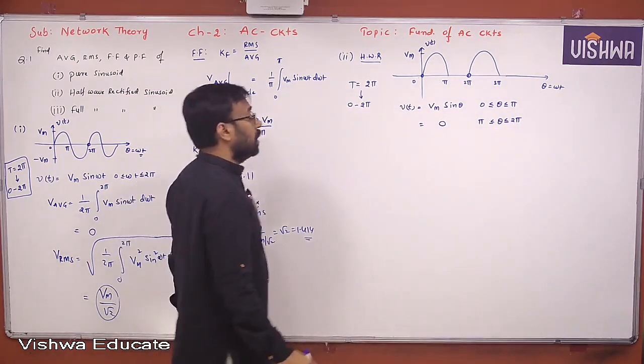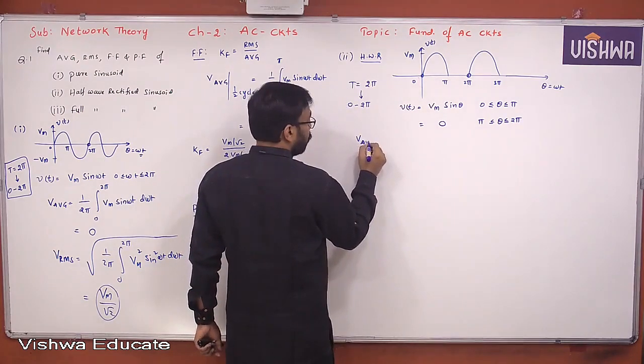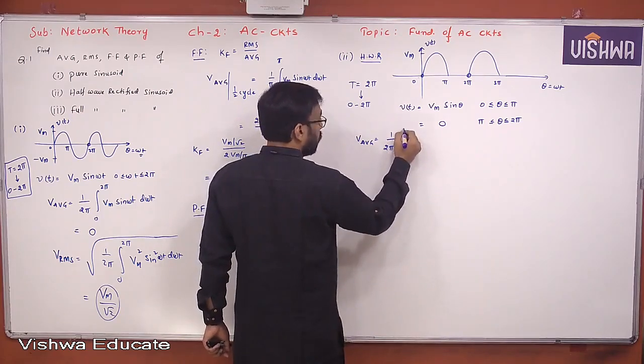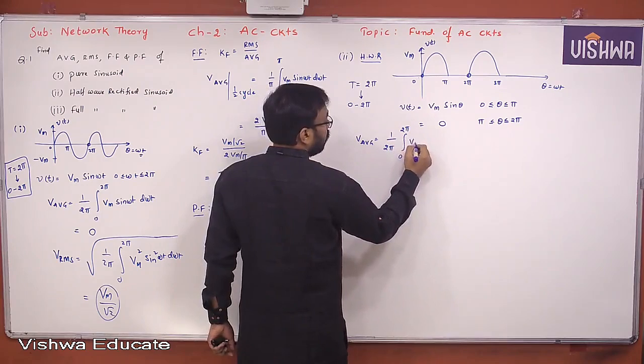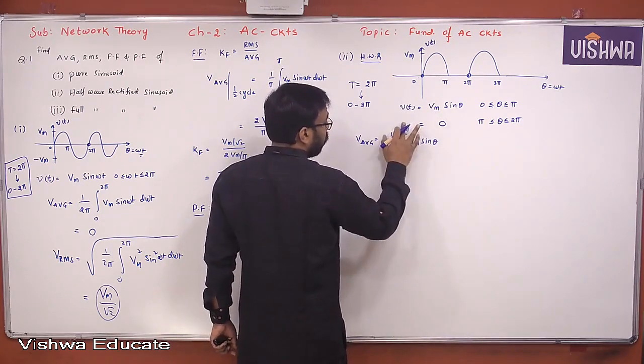Well, now we need to find V average: 0 to 2 pi V max sine theta. You already know the second half is 0, therefore I can calculate 0 to pi only.